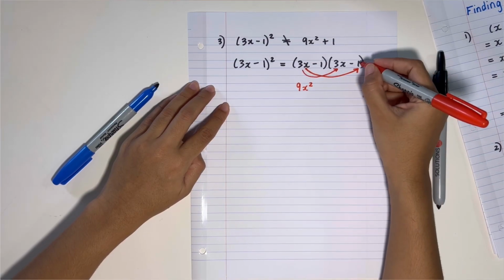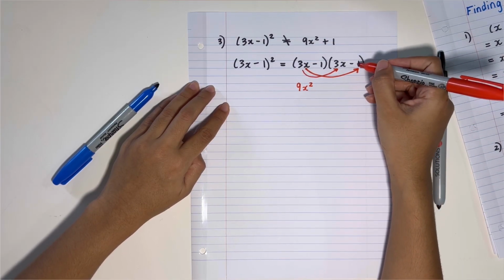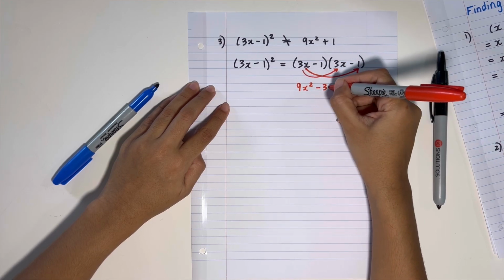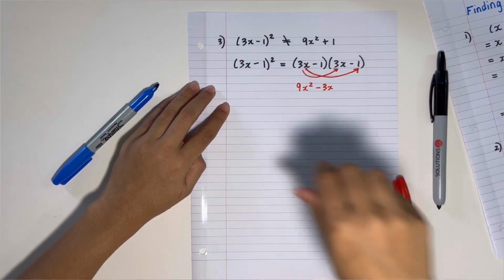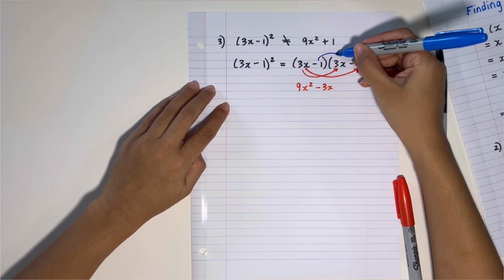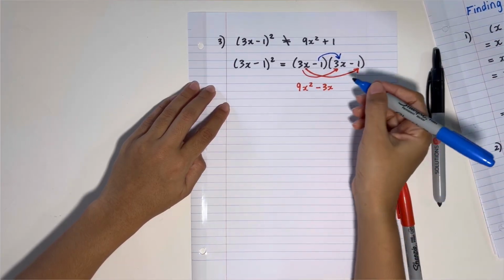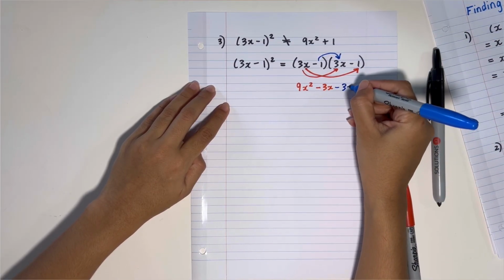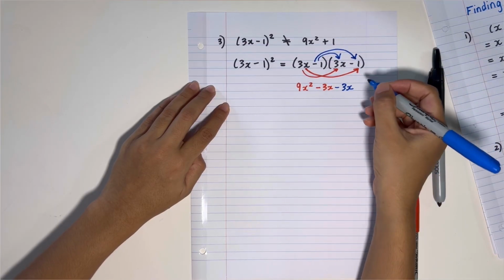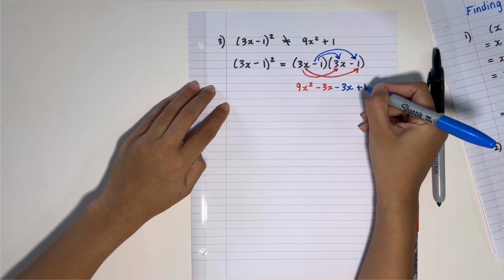So 3x times 1, now this is negative 1, so negative 1 times positive 3x will be negative 3x. And you have the second term now in the first bracket, negative 1 times 3x, which will give me negative 3x again. And then negative 1 times negative 1 gives me positive 1.